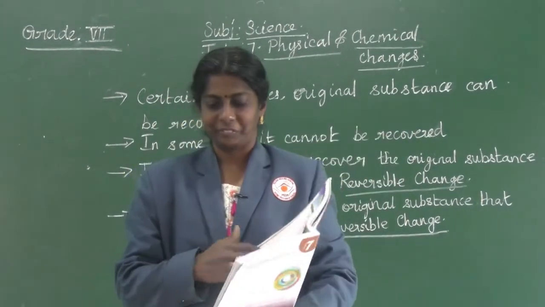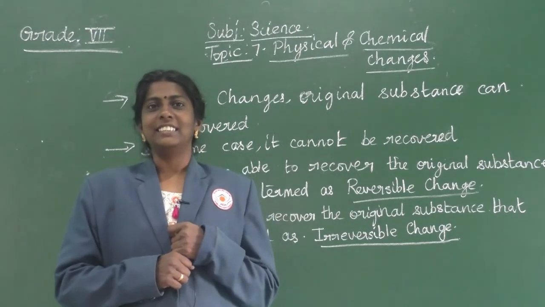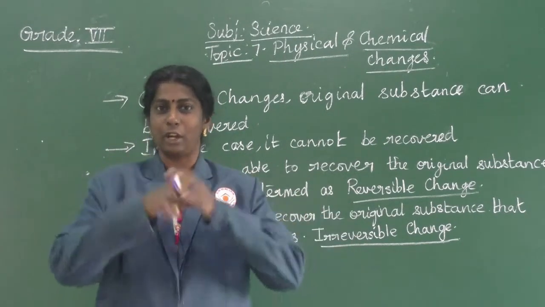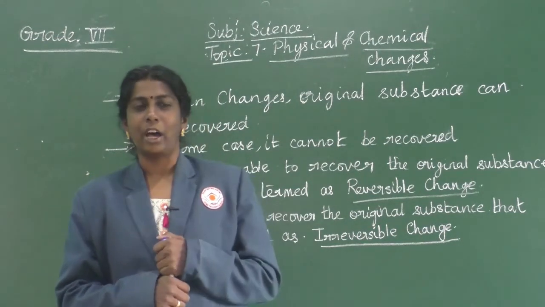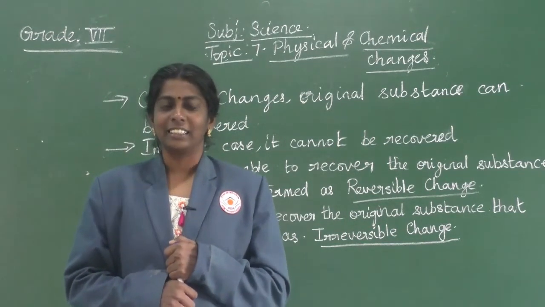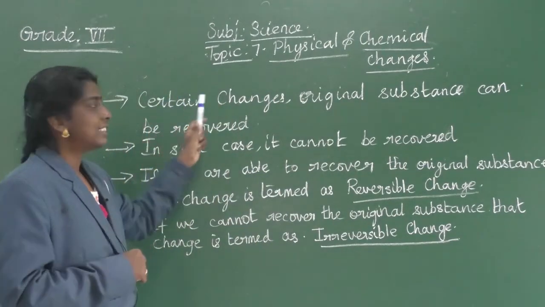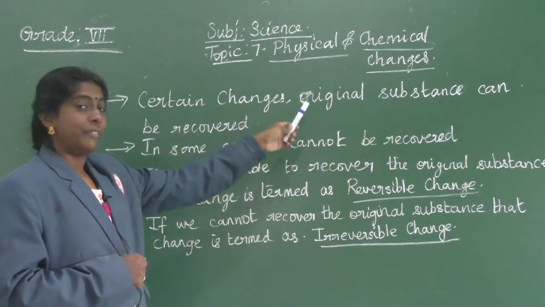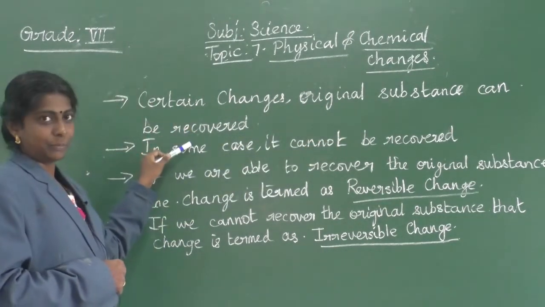Yes. Students, we can see many changes in our surroundings. Daily we can see many changes around us. Is it not? Yes. So, there are certain changes where the original substance can be recovered.